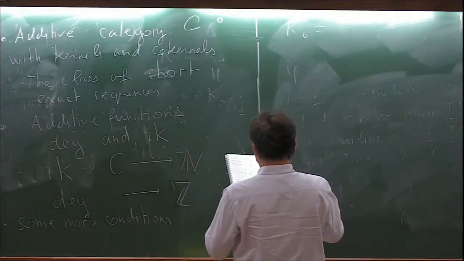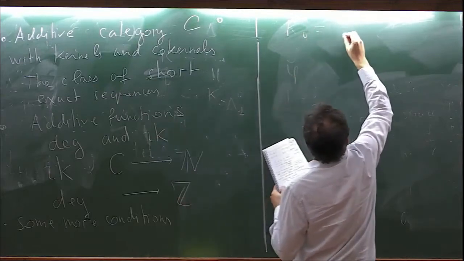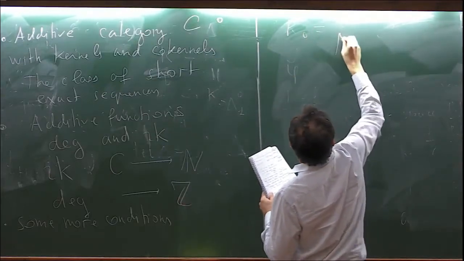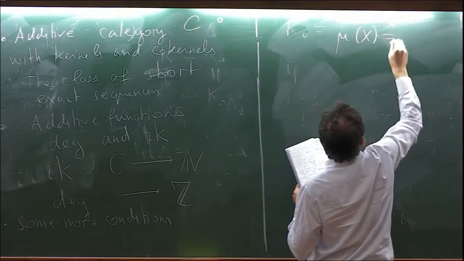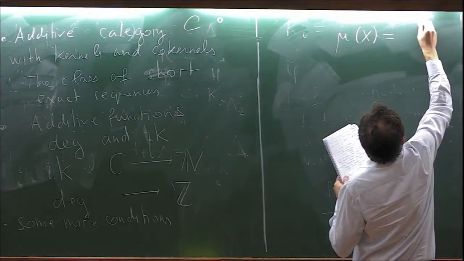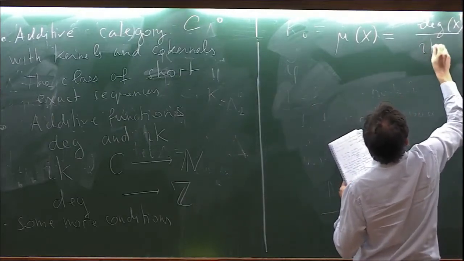And so in this situation, one defines the slope of an object X as the degree divided by the rank.